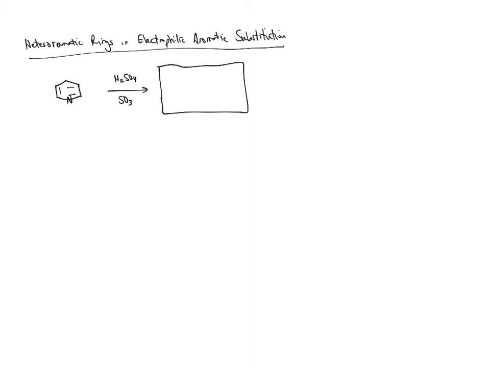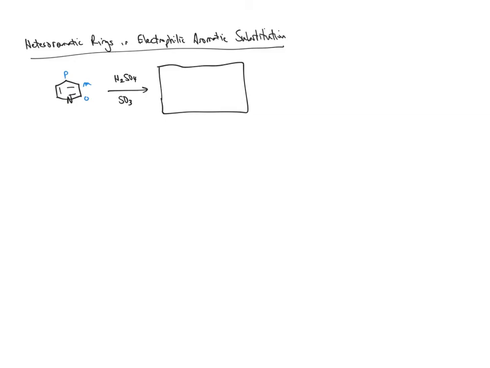Okay, so we're going to have a couple of reactions that we need to draw here. So let's say we could substitute at this ortho position, this meta position, or this para position. All right.